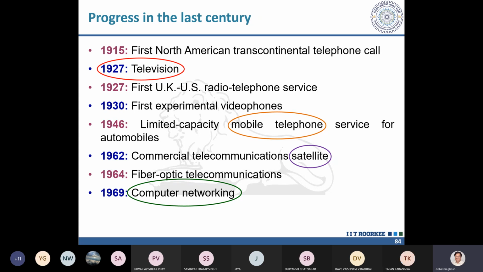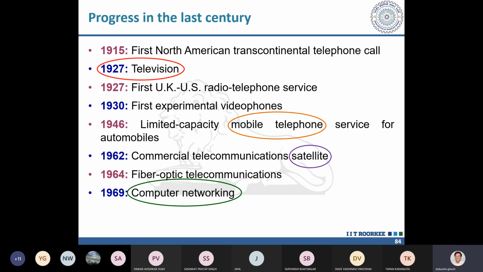Then mobile telephone also came up sometime in 1946, but that was of limited capacity and was used only for very specific purposes. Then satellite communication also came up. Around 1964, fiber optic telecommunication started, and using that, computer networking started. So digital communication, fiber optics, and computers all mixed up.